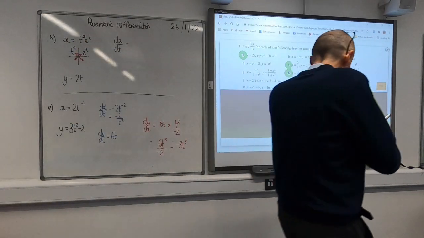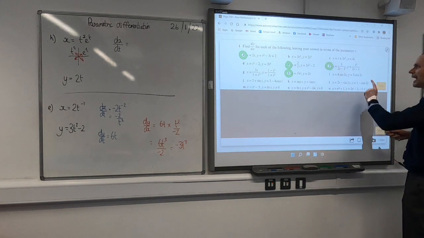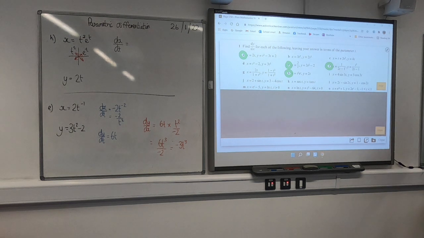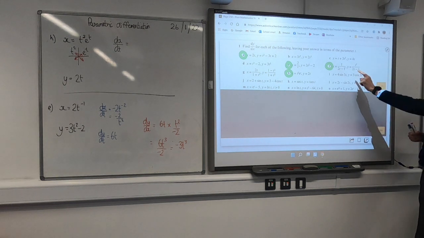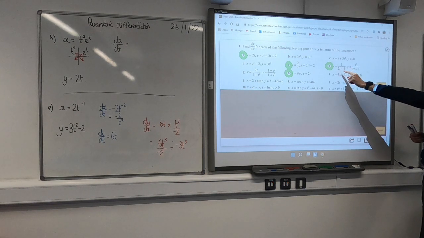And similarly with f, which is the next one I'd like us to try, f is going to use the quotient rule. You don't need to use the quotient rule for both, because this one you can write as 2t minus 1 to the power of minus 1.